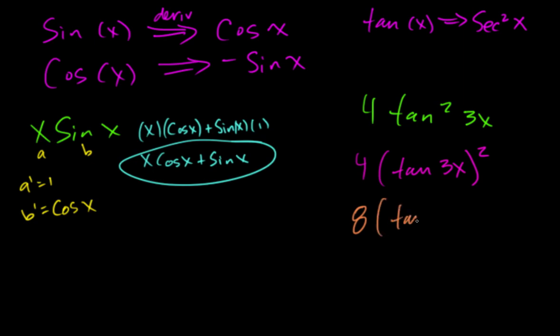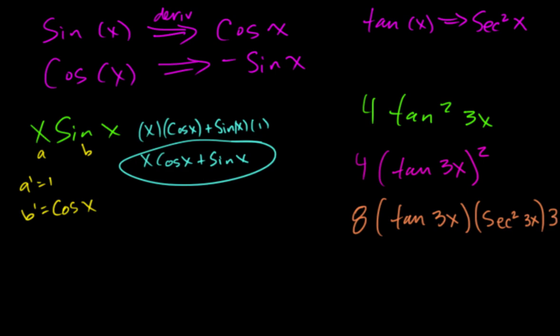Rewrite the inside, reduce this by 1, so it'll just be a 1, I'm not going to write it. Then multiply by the derivative of the inside. The derivative of the inside is going to be secant squared 3x times by the derivative of the inside, which is 3.